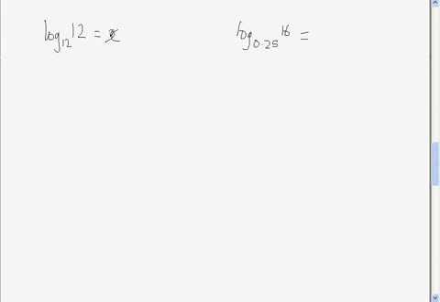So x is the power to which this 12 has been raised, and the answer to that is 12. So I've written in indices form what was in log form. So many of you would know that to get 12 to the power of something, if the result of that was 12, that unknown would be just 1. So x is 1. So log of 12 to base 12 is in fact 1.